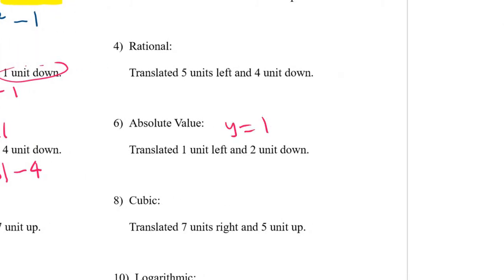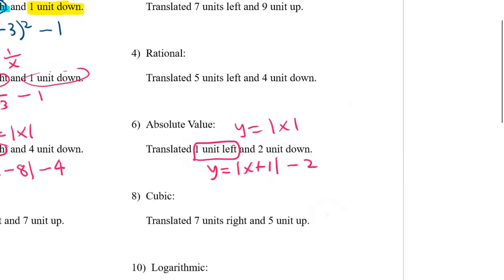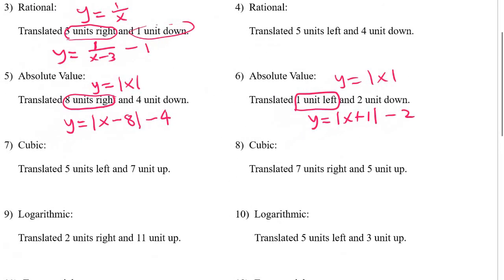Y equals absolute value of x is the parent. If I'm going to go 1 unit to the left, that means I'm going to change the input to x plus 1. So y equals absolute value of x plus 1, and then 2 units down, minus 2. All right, I think it should be getting clearer to you now.